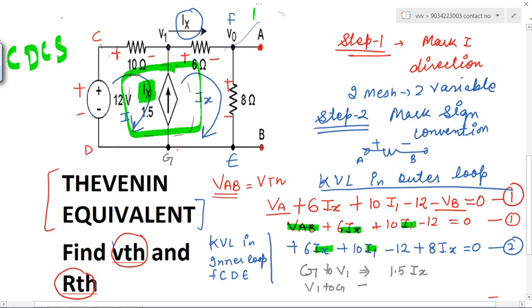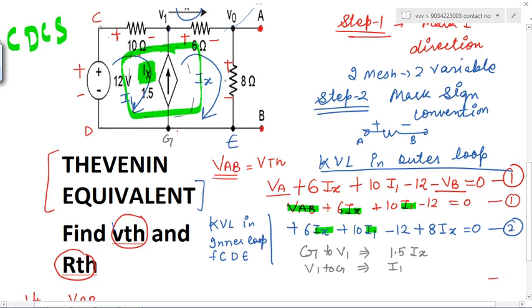How much is the current flowing from V1 to G? That is I1. Similarly ix is the amount of current flowing from G to V1. So basically in this middle branch, how many currents are flowing?